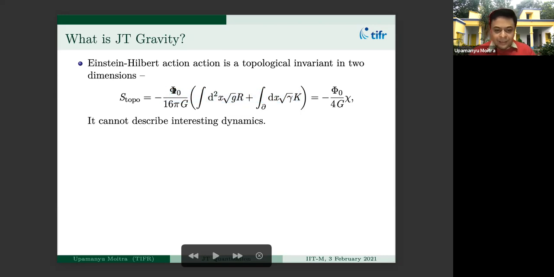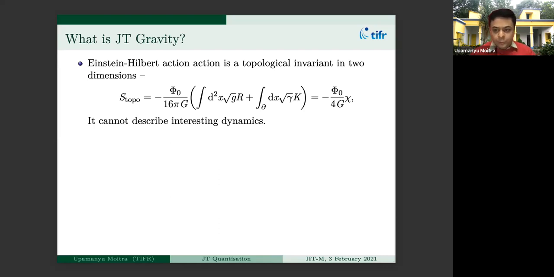This is something that measures, for example, the ground state entropy of black holes, and this measures the Euler character of the manifold, how many holes and how many handles it has. And so it cannot describe any interesting dynamics.